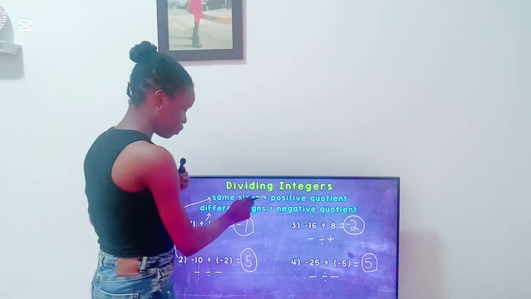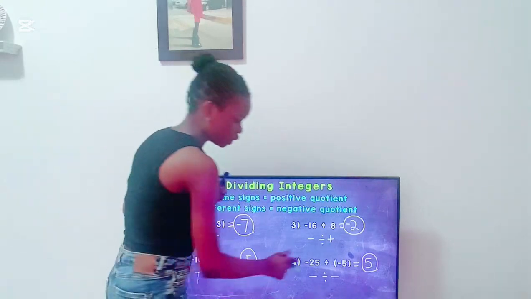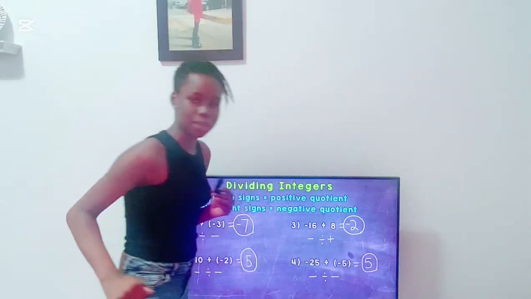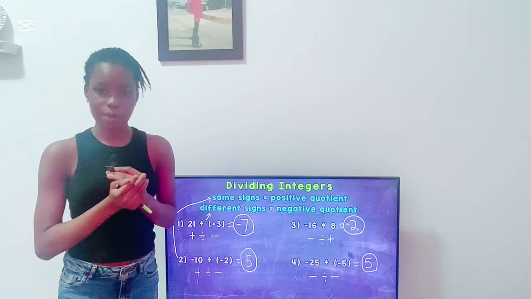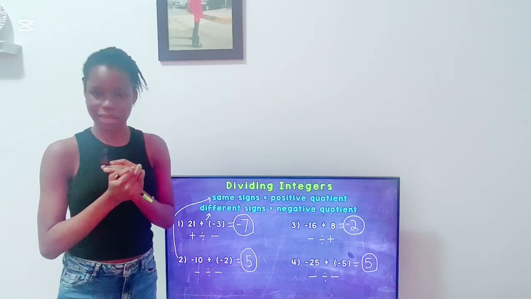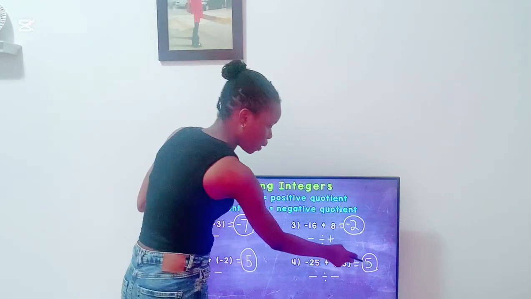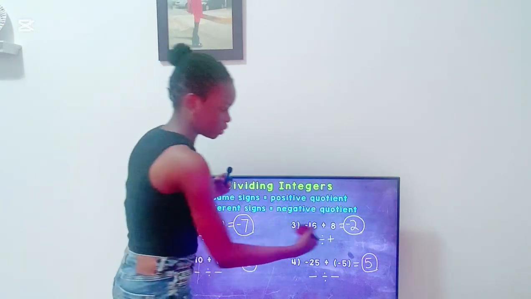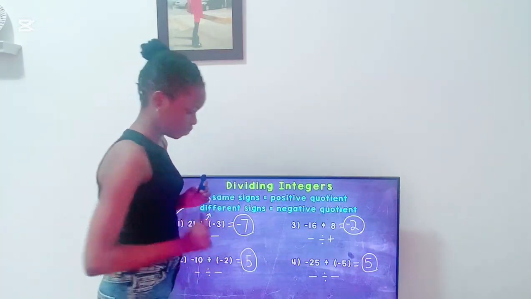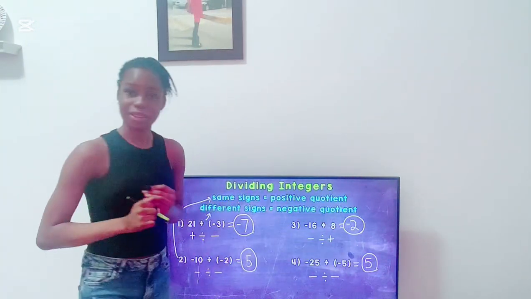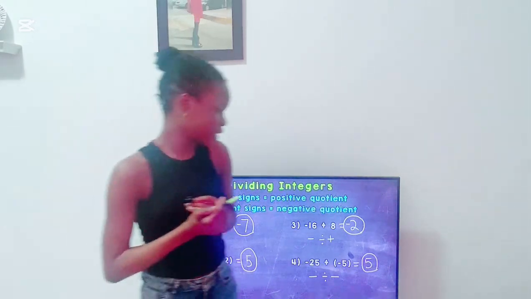And remember, we have same signs, which means that we are technically done, because writing 5 like that means it's a positive. So we have a positive 5. That is it. We are done, and that's basically all for dividing integers.